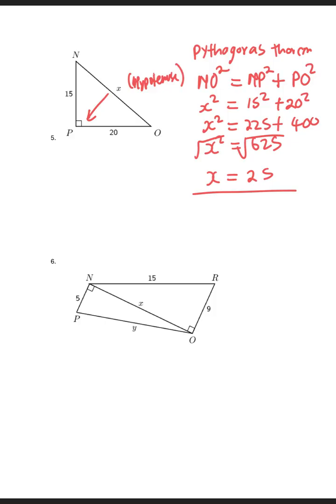So here, what are we going to do to show that the triangles are similar? To show that the triangles are similar, we're gonna first say what?